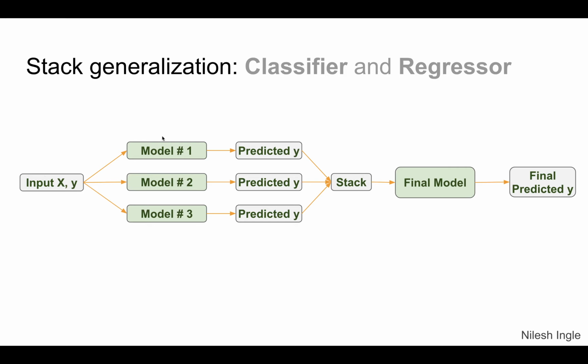We can create either classifier or regressor models, predict the y values, then those y values are stacked, and then there is a final model which is run on those stacked values to get the final predicted value of y. So that's a method called stacked generalization, and we'll look at all of these examples when we do the actual implementation in Python.